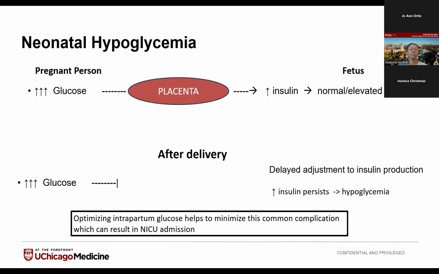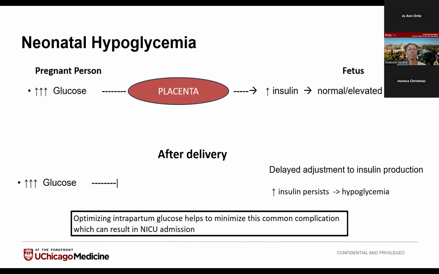And so often, if the patient has gestational diabetes or any pre-gestational diabetes, those babies are getting frequent glucose checks to see if there is evidence of hypoglycemia and if they need additional assistance. We focus a lot on optimizing intrapartum glucose in order to reduce that complication.